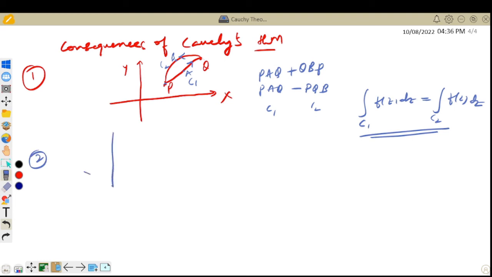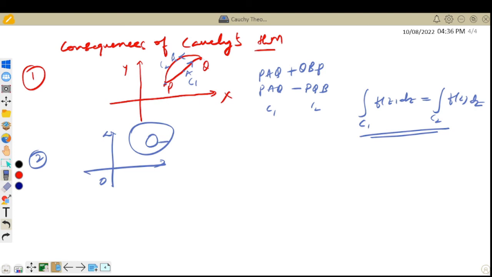For the second consequence, I have one curve, and there is one more curve inside of this. Then how to apply Cauchy's theorem? Cauchy's theorem needs a simple closed curve. Here there is no closed curve because one is contained in the other. So we use one cross cut here.